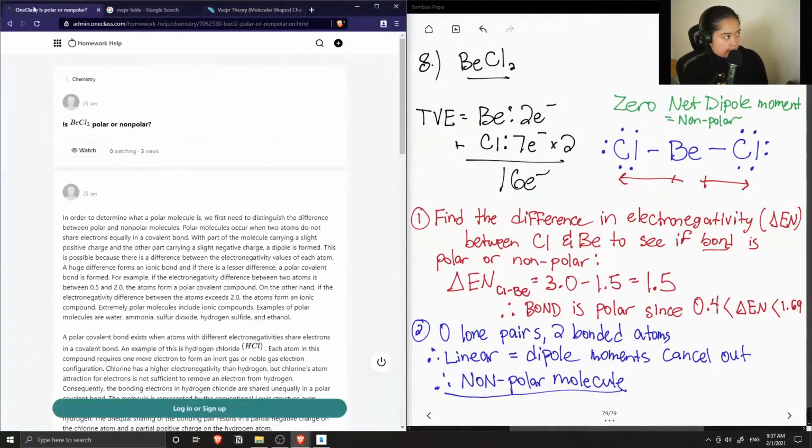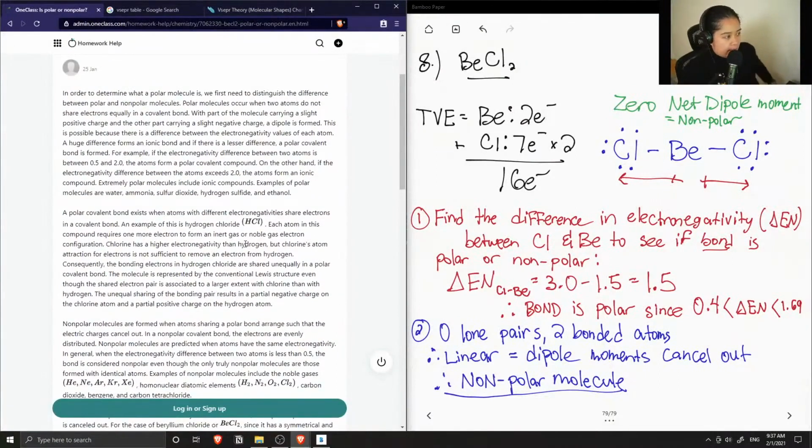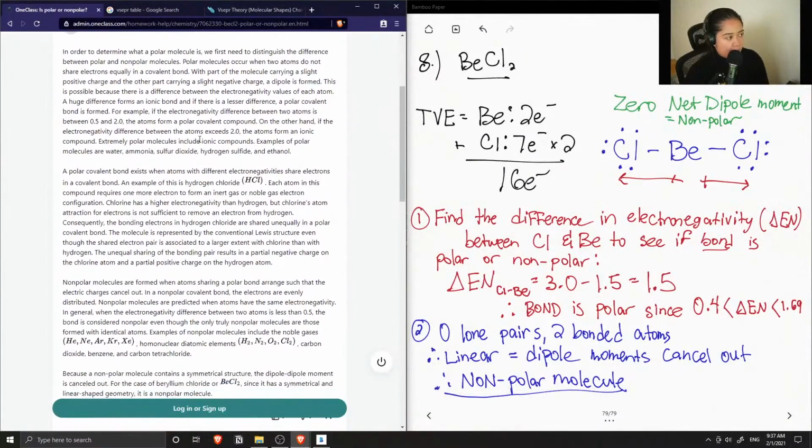Okay, so let's see what the junior tutor said. So it looks like they fully explained what a polar molecule is: when two atoms do not share electrons equally in a polar covalent bond, and when there's a slightly positive and slightly negative charge on each of the atoms.